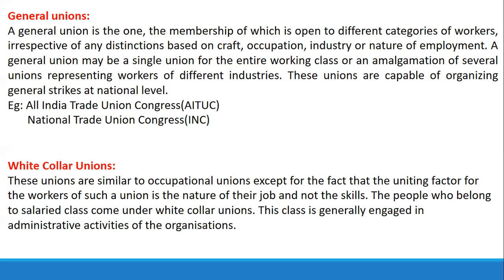The fourth type of union is the white collar union. This is similar to occupational unions, but there is a small difference. These unions are similar to occupational unions, except that the uniting factor for the workers of such a union is the nature of the job, and it is not related to skills. So the nature of the job differentiates an occupational union from a white collar union.